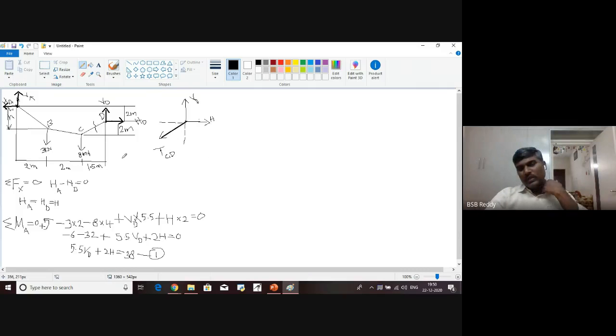So the angle that this TCD is going to make with horizontal, you can get it from the dimensions you have. So this is the horizontal line, and this is also the same angle. Opposite angles are same. That's why you get this angle. So this is theta CD, let us say.